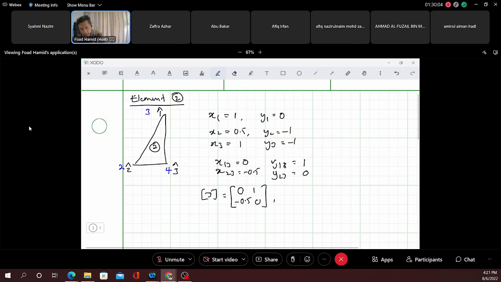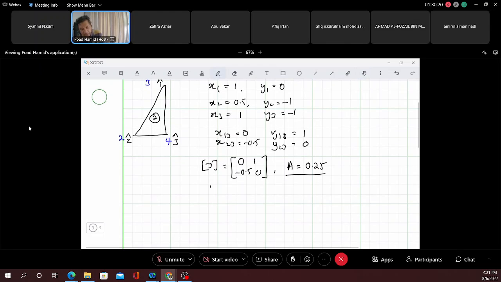And of course the determinant of J is just minus half, and A is half of the determinant of J, which is 0.25. And again, the formula for the stiffness matrix is the same.